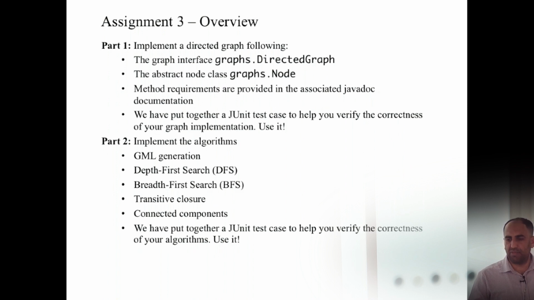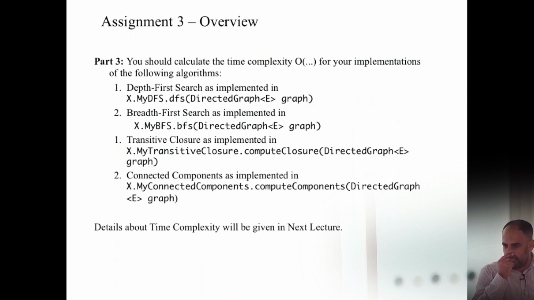And then there will be the algorithm that we talked about. GML, graph modeling language, I will talk about in a short while. But we have already seen the other algorithm that we require you to implement. And the third part is about time complexity, which we have not covered yet in this lecture, but we plan to do it in the following lecture.